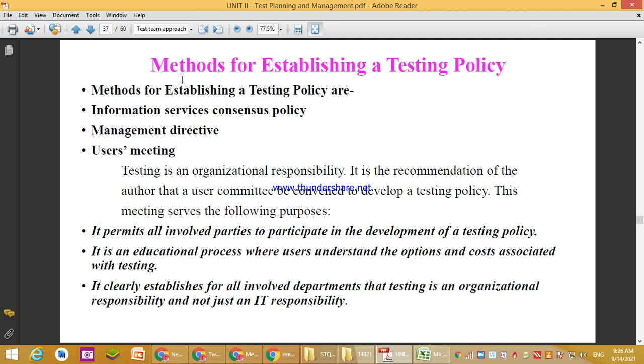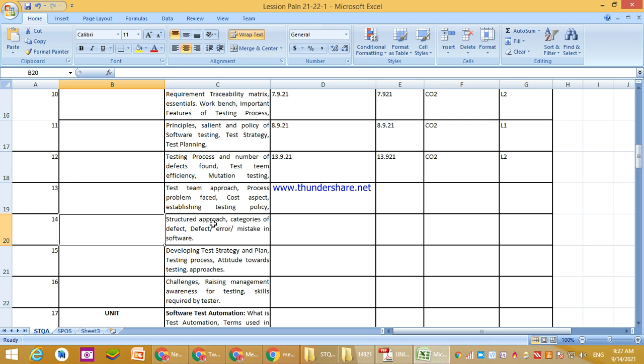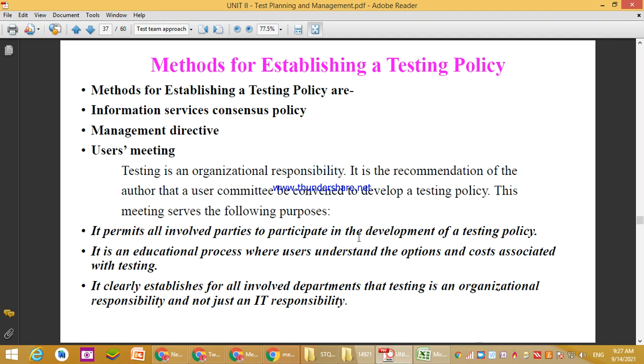The next, methods for establishing testing policy. Methods for establishing testing policy are information service consensus policy, management directives, users meeting. Testing is an organizational responsibility.